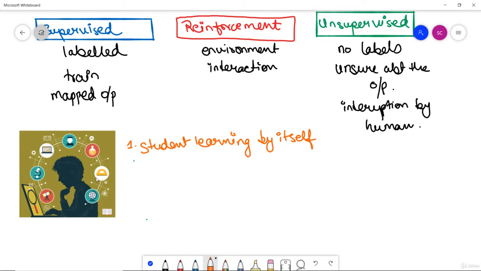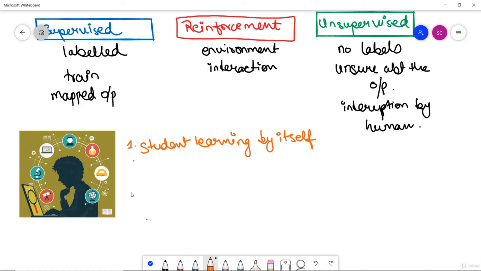The student is learning from any of the websites available for learning. So ultimately the student will learn by himself or herself to pass the exam. This sort of self-learning is what we have scaled into unsupervised learning for the machine. During the earlier times of COVID, when there was lockdown, there was no concept of online classes.